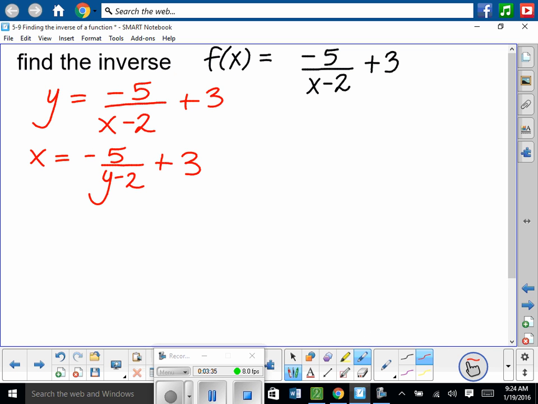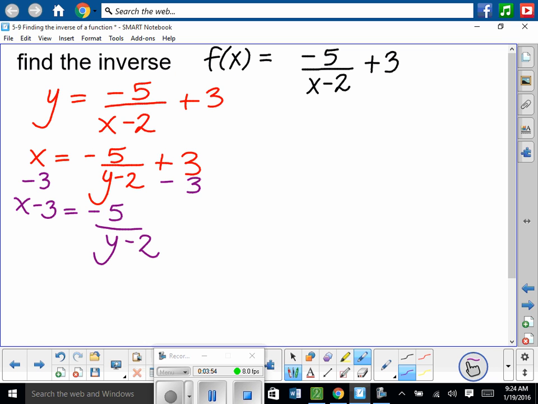Okay, so now we're just algebraically solving for y, piece by piece. What's my first step to get y alone? Subtract 3 from both sides of the equation. So on the left, I have x minus 3 is equal to negative 5 over y minus 2.